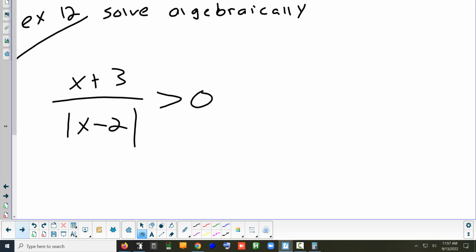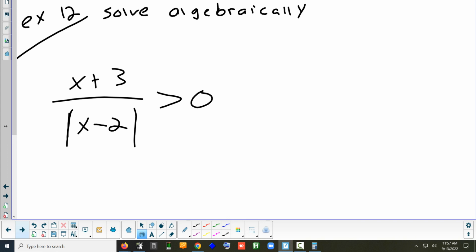So the only problem with multiplying by this is, if we multiply by a negative, what are we supposed to do? We're supposed to flip the sign, but the problem is we have an unknown here. We don't know what that x value is. So we don't know whether or not we should be flipping the sign. So it's going to be like, if it's negative, flip the sign, and if it's not, don't, or something like that. Oh, wait, isn't the 2 negative?